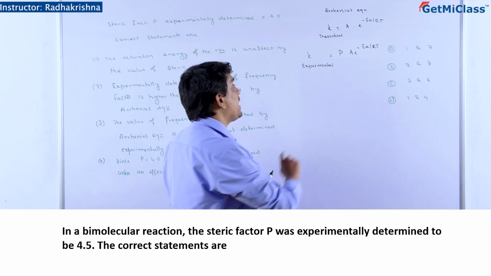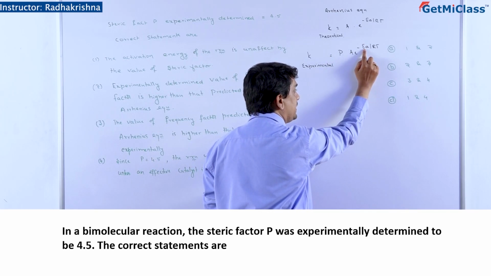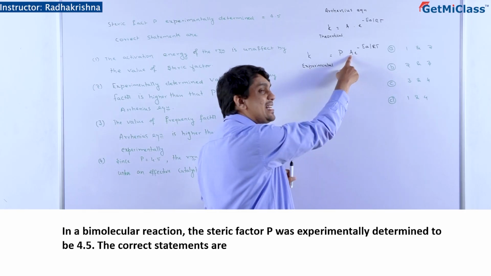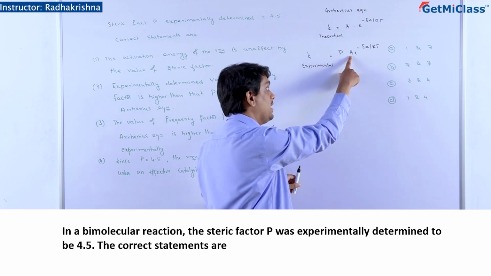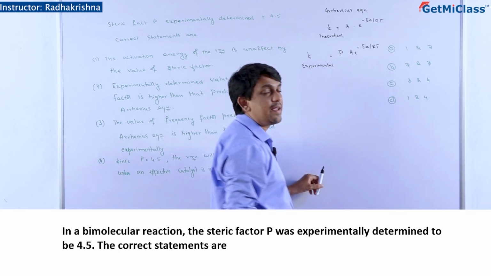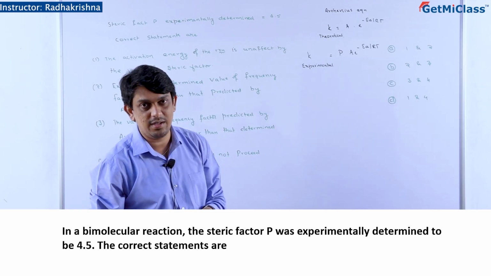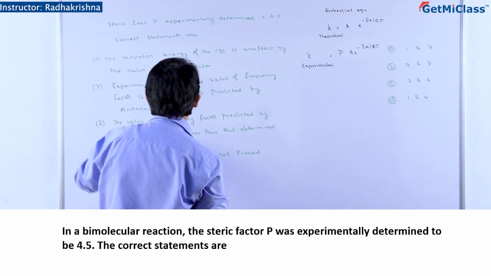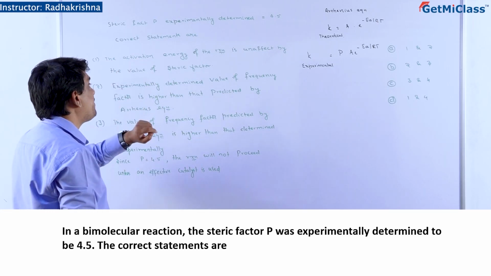I know this is an exponential factor where you can see the activation energy. This is the Arrhenius factor. We even call it the frequency factor, and P is the steric factor, which is even called the orientation factor.